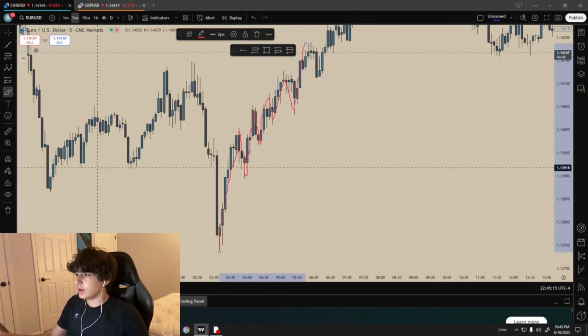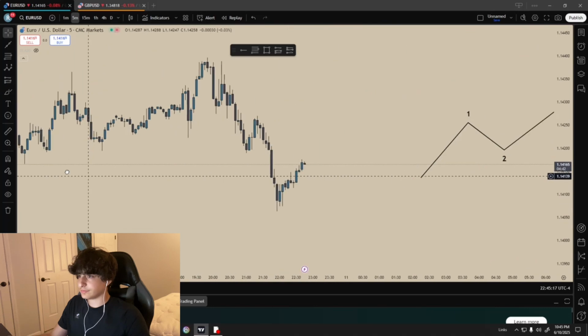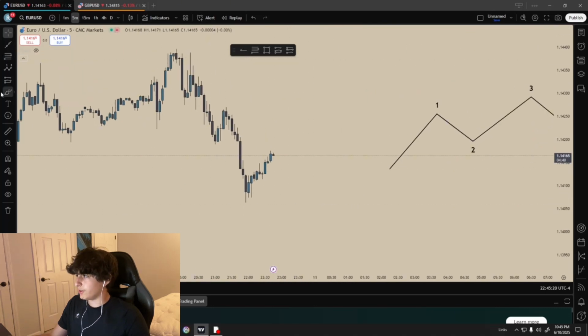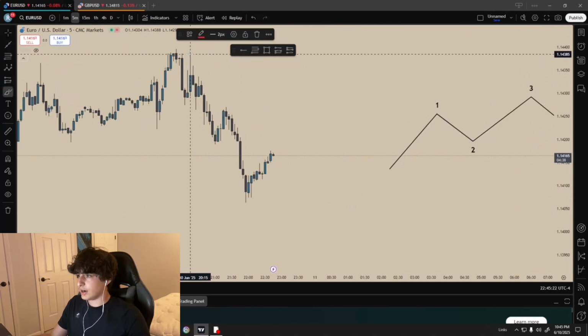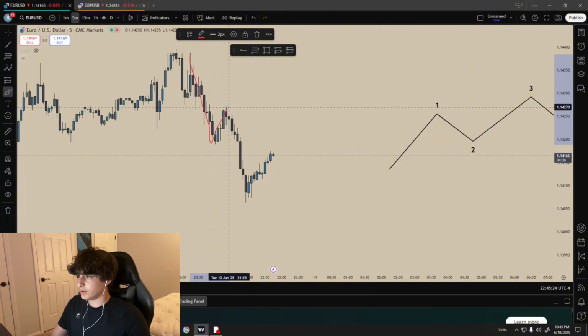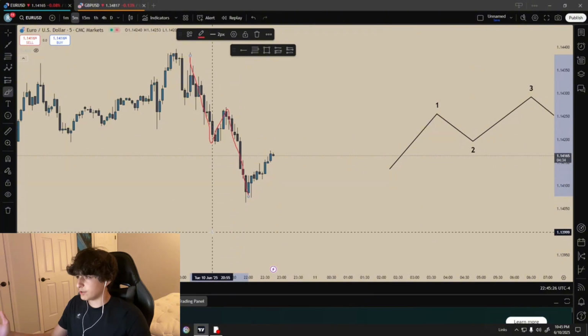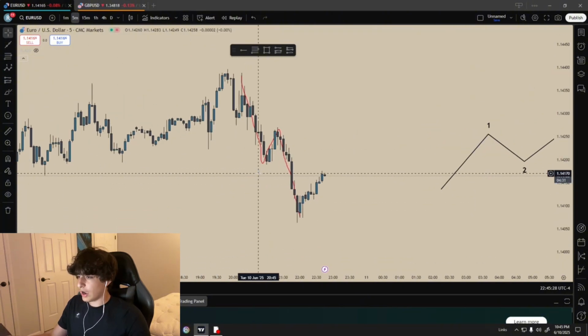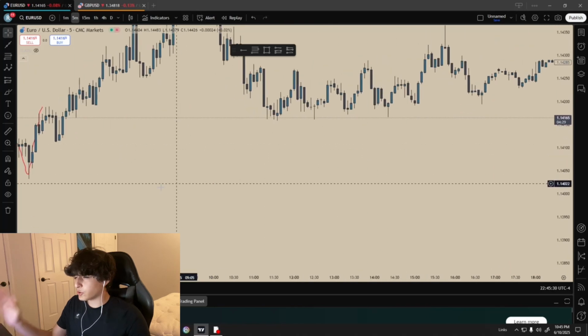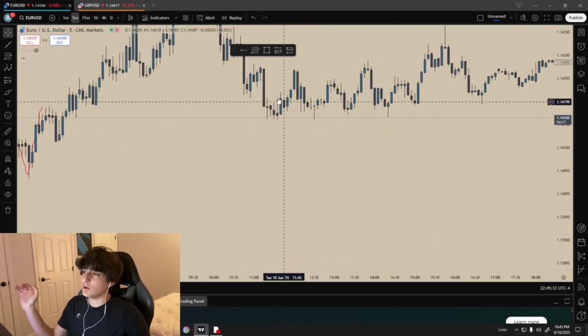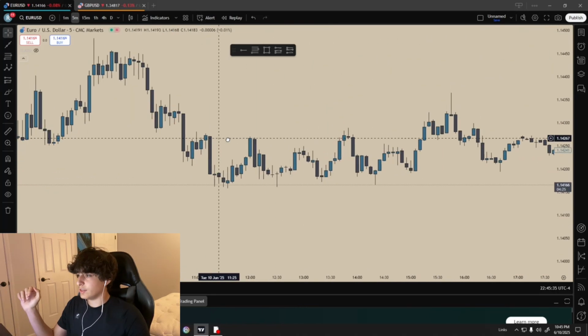However, in an opposite scenario, right here, we see high, lower low, lower high, lower low. That's a downtrend. But how you can algorithmically identify highs and lows is just looking at the candles themselves.